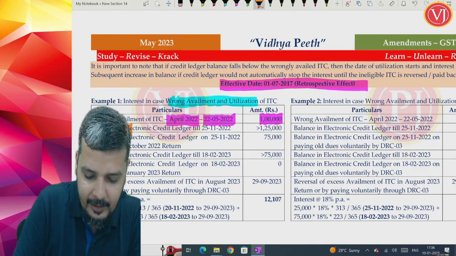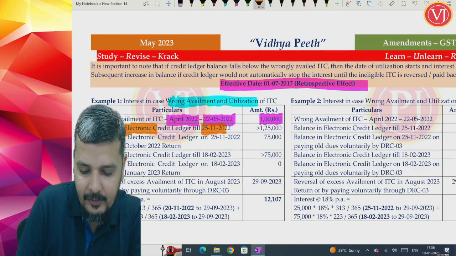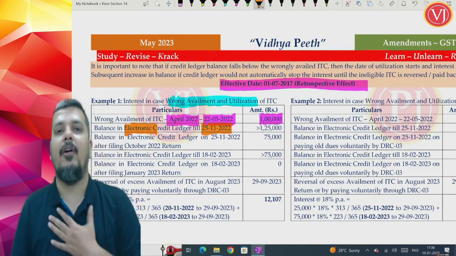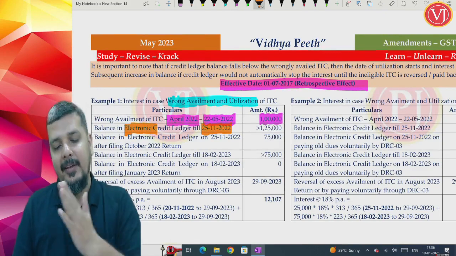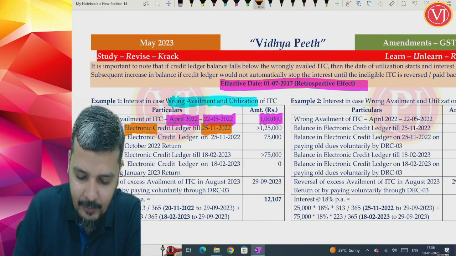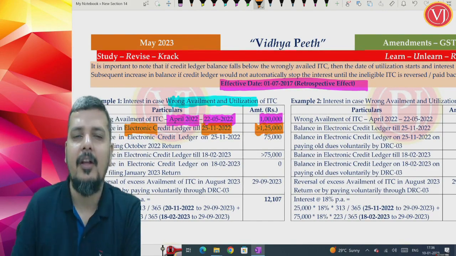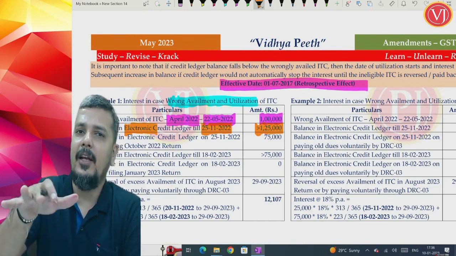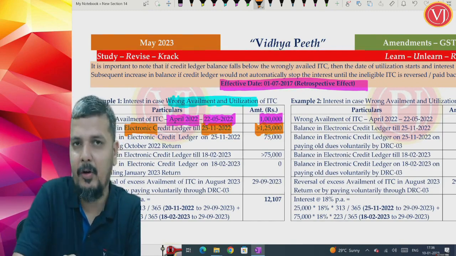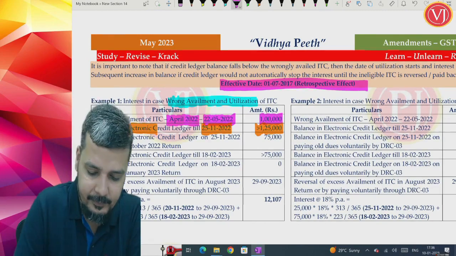Balance in the electronic credit ledger till 25th of November 2022: I have taken wrong credit of 1 lakh and my balance in the electronic credit ledger till 25th of November remains 1,25,000, which means the credit is wrongly availed but not utilized. So interest is not going to start.